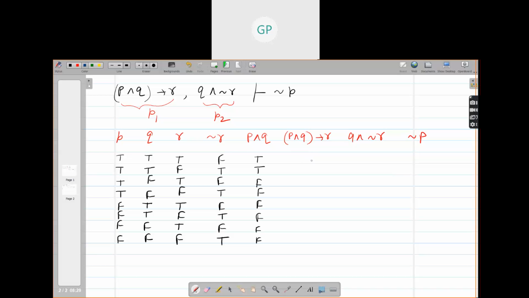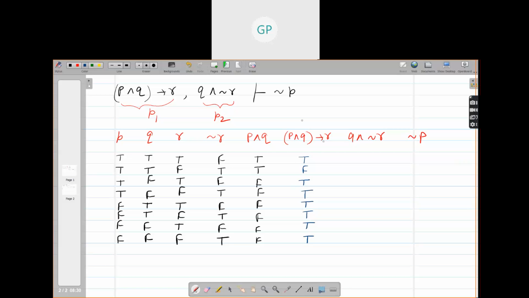T implies T is T. T implies F is F. T implies T is T. All are T. The last one is also T. Why? F implies F is T. A conditional statement P implies Q is false only when P is true and Q is false. Otherwise, it is true everywhere.